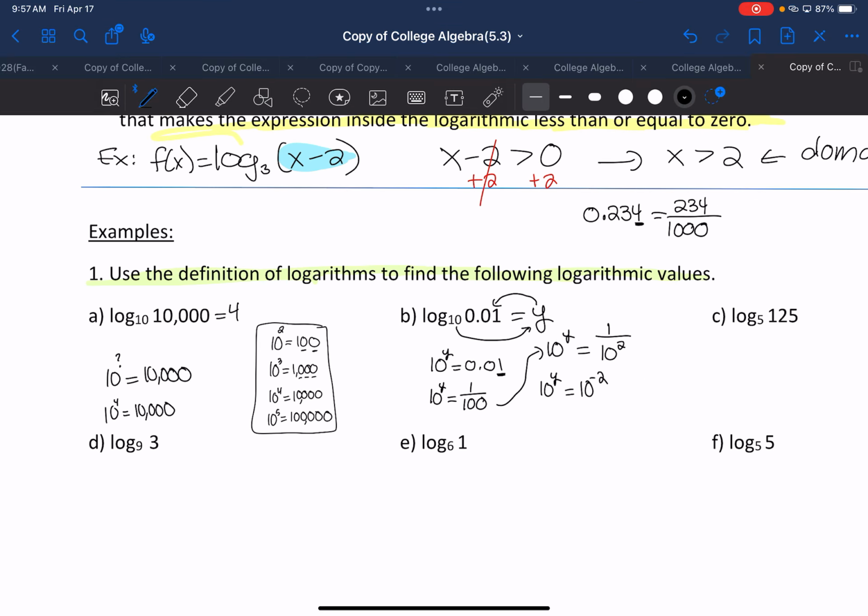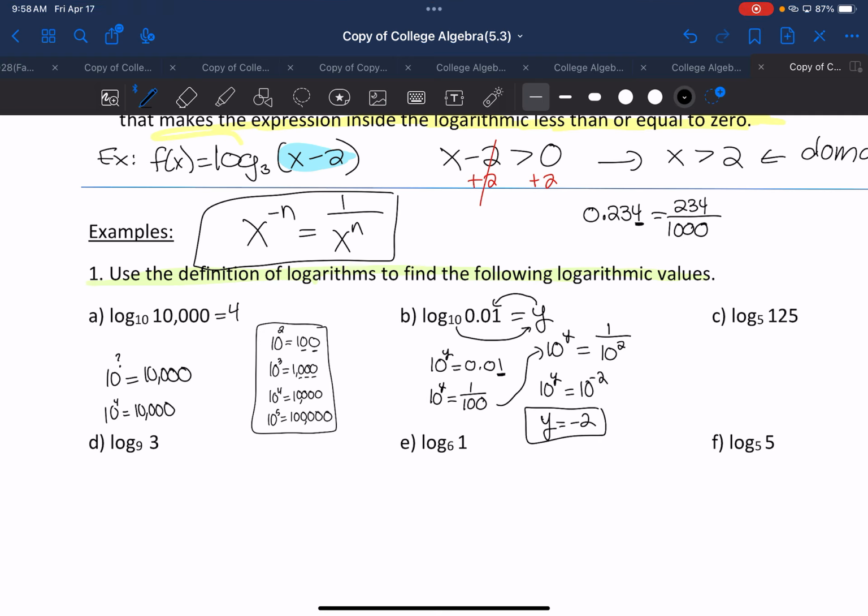So that comes from that rule. x to the negative n power is equal to 1 over x to the positive n. We learned about this. And so therefore, y would have to be equal to negative 2.